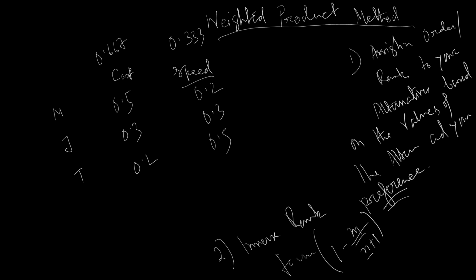Now, let us see the aggregation method. We call it the aggregation method because it is aggregating the preference of the decision maker with respect to all the criteria based on the values of the alternatives. In the case of WSM, our aim was to find the WSM score. For WPM, our aim is to find the WPM score.